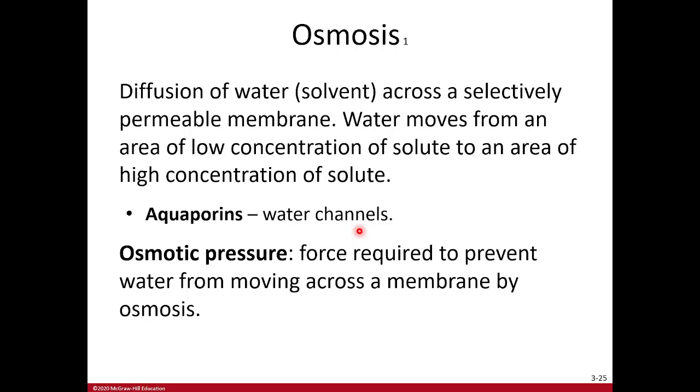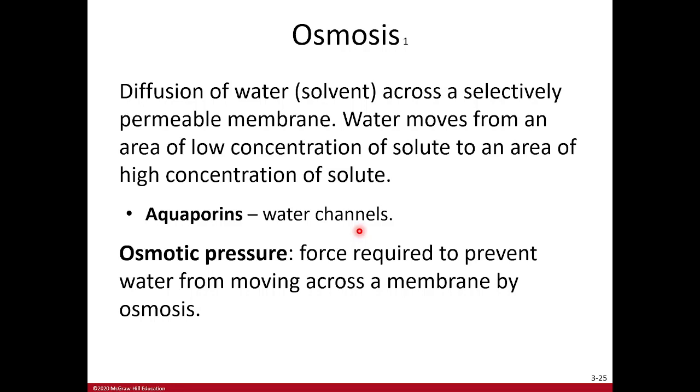But what about liquids like water? Water can move as well, and the movement of water through a selectively permeable membrane is known as osmosis. So water will move from an area of low concentration of solutes to an area of high concentration of solute through water channels that we know as aquaporins.